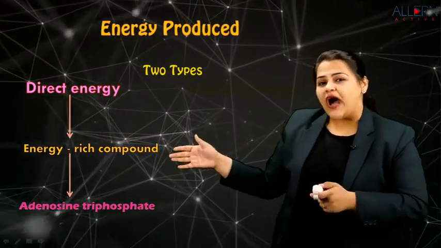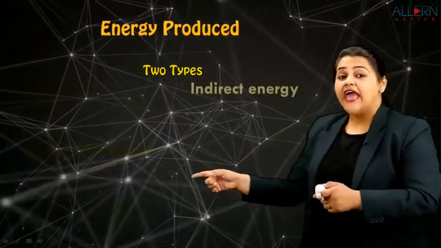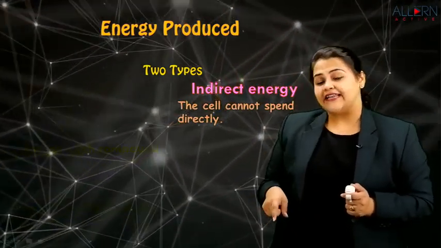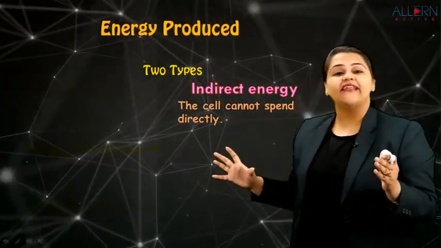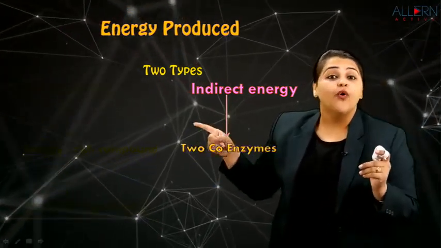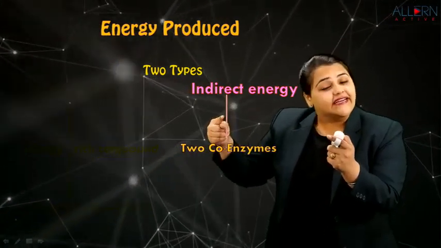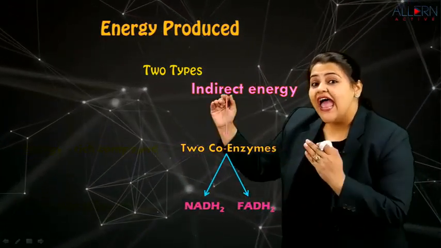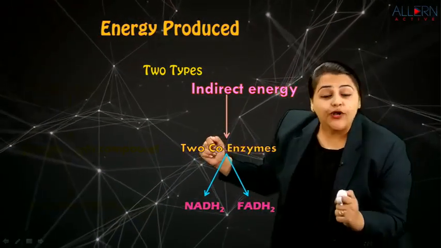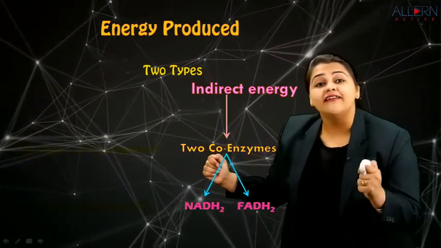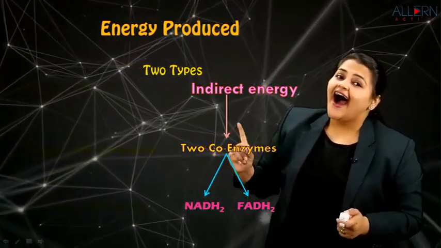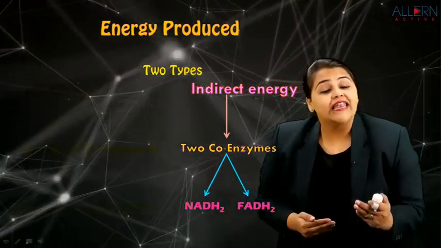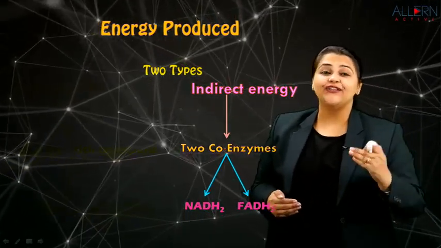You should give 100%, and that is only possible when this direct energy is present. Now, since our cell has direct energy, it also has indirect energy, and the cell cannot spend this indirect energy directly for doing activities. Why? Because this indirect energy is in the form of two coenzymes, namely NADH2, nicotinamide adenine dinucleotide, and FADH2, that is flavin adenine dinucleotide.